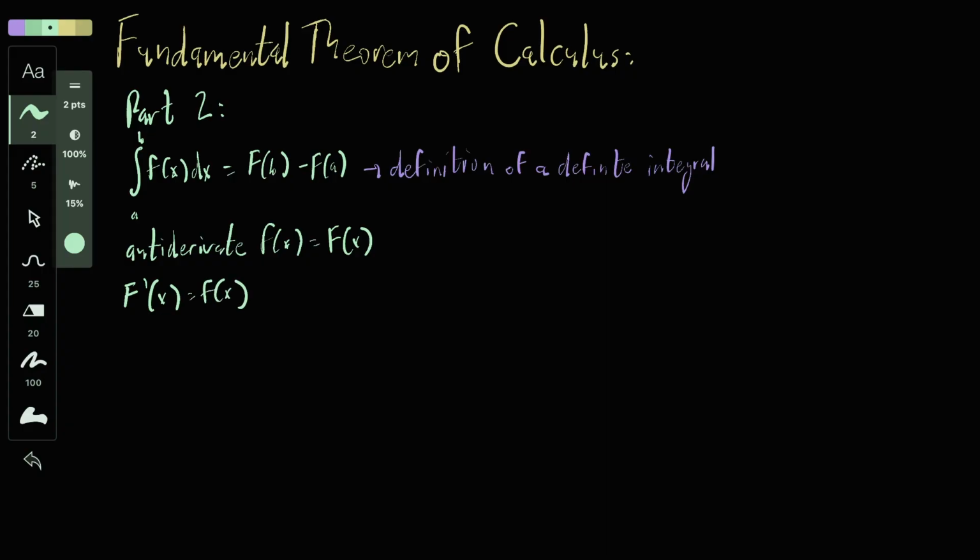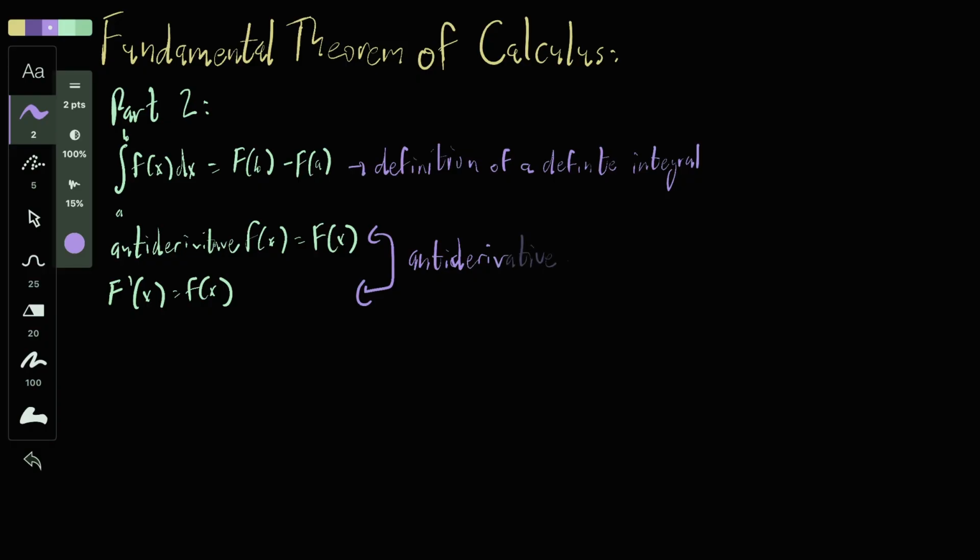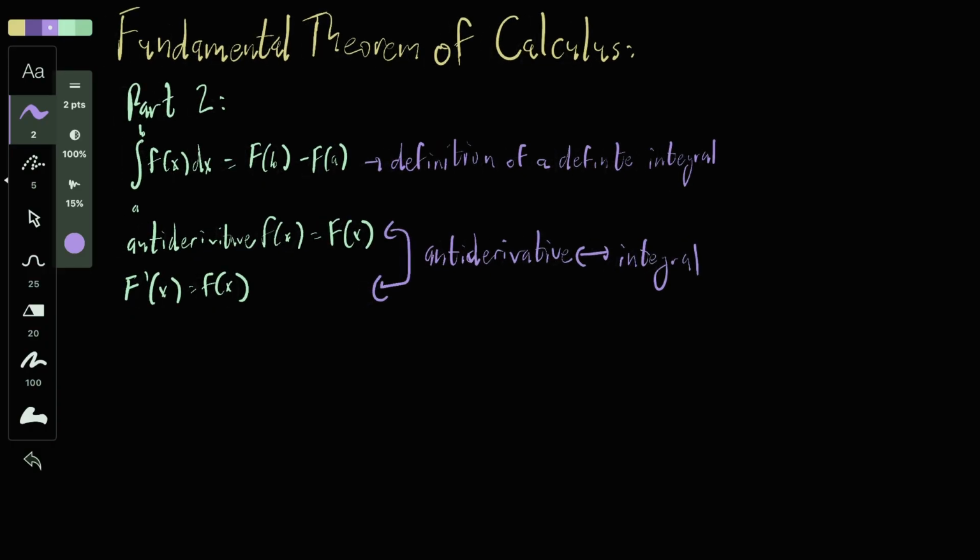This was covered in my previous video, but I think many people tend to forget this and think that the antiderivative is something new, although it is just the integral, and these two are interchangeable.